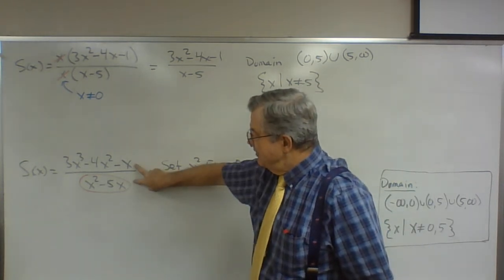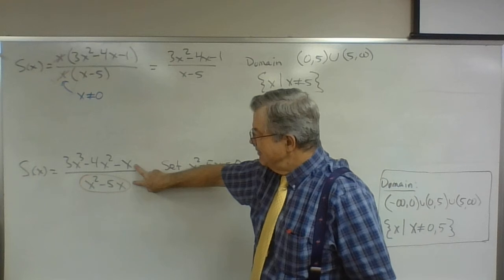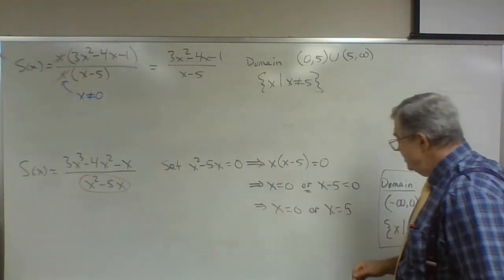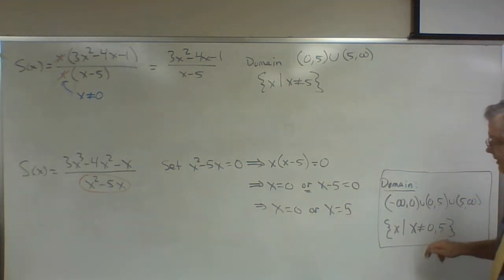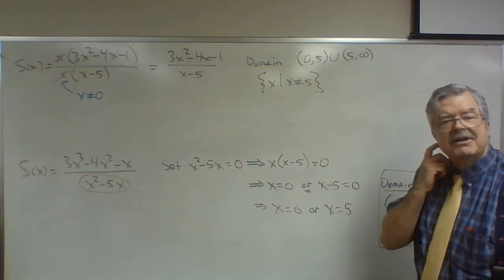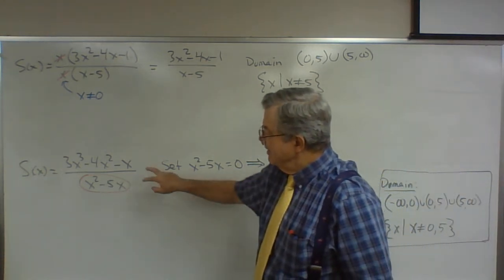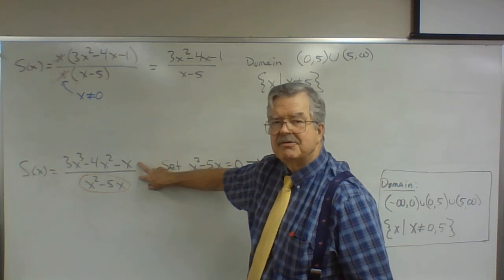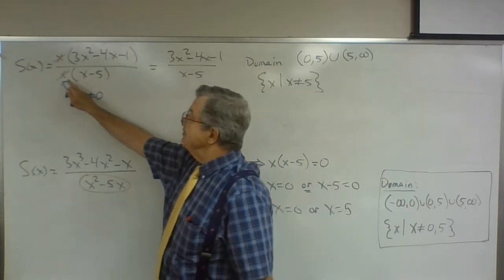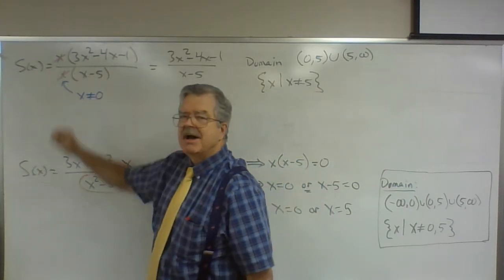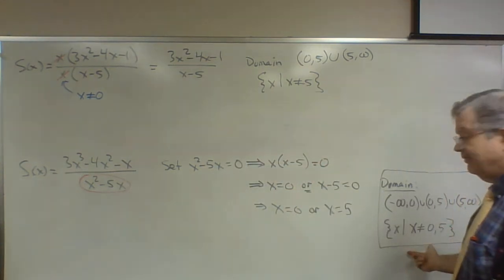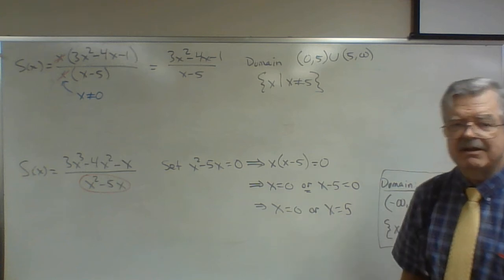So if the definition of the function is not in lowest terms, and we exclude an x value, x equals 0 in this case, as a consequence of the fact that the expression is not in lowest terms, the domain of the function is not going to change when we divide top and bottom by that common factor. We have to keep the domain the same. Just a technicality.